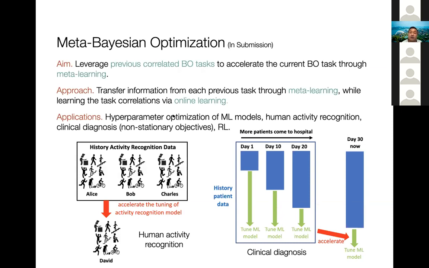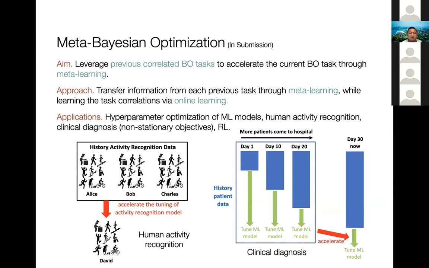In this line of work, we want to be robust to tasks that may not be helpful to the current task. As a result, we have an online learning mechanism that allows us to learn whether the previous tasks are correlated or not, whether they hurt or they help.